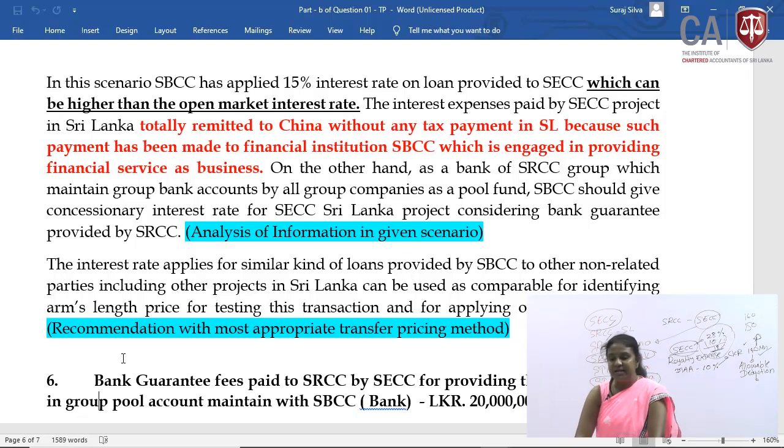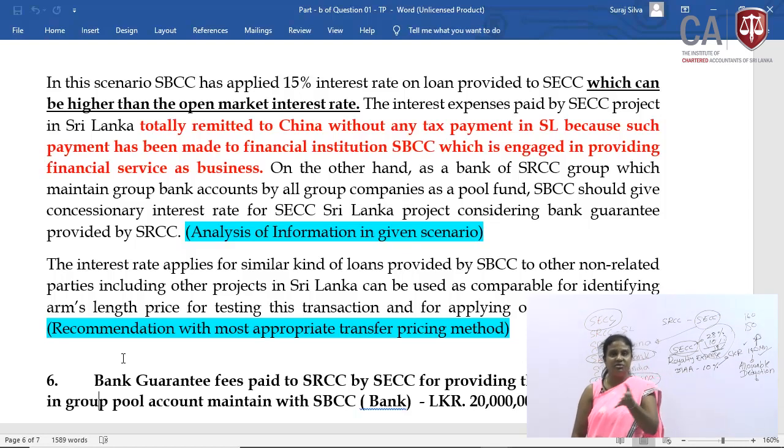Then the interest expense paid by SCCC project in Sri Lanka totally remitted to China without any tax payment in Sri Lanka, because such payment has been made to financial institution SBCC, which is engaged in providing financial service as business, because the bank has given the loan under their ordinary business capacity.